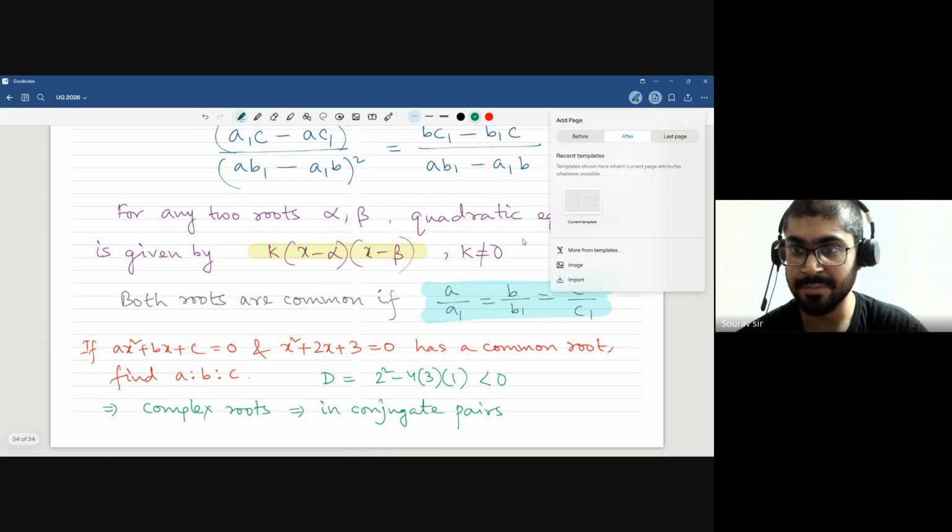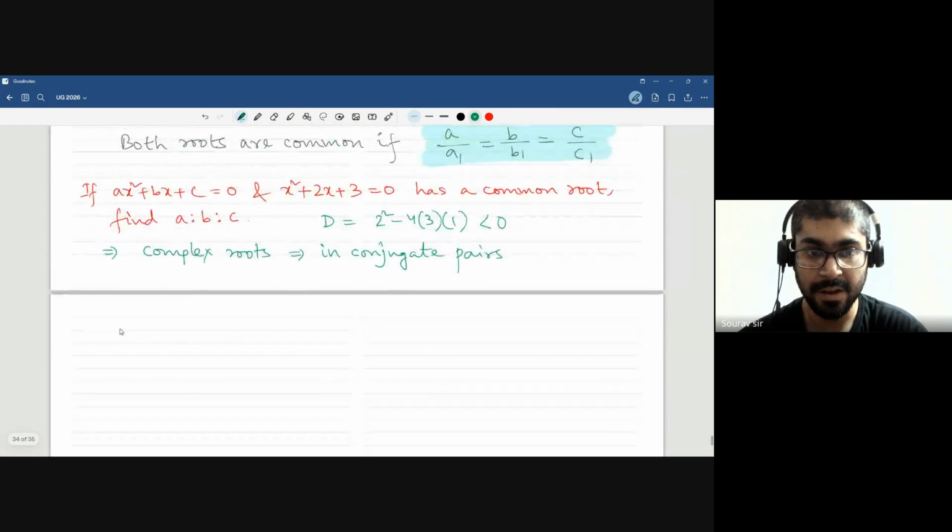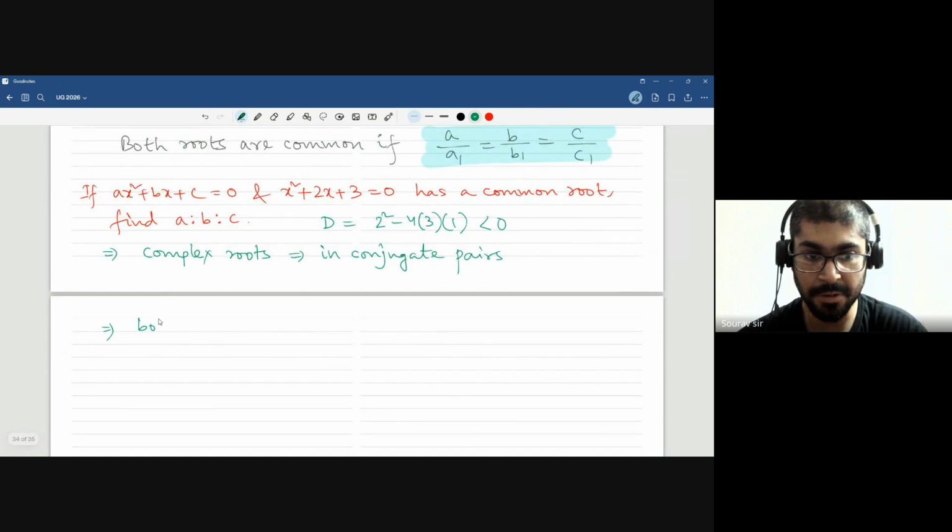That implies both roots are common. Therefore, it will be in the same proportion. So you will have a by 1 is equal to b by 2 is equal to c by 3.